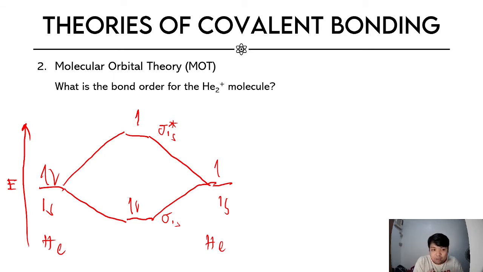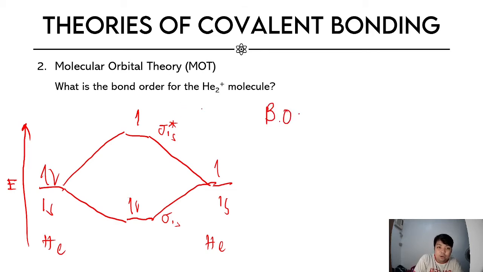So this just shows a qualitative graph of the energy levels. Okay. Then after that, since we have distributed all of our valence atomic orbitals, we can now calculate the bond order.